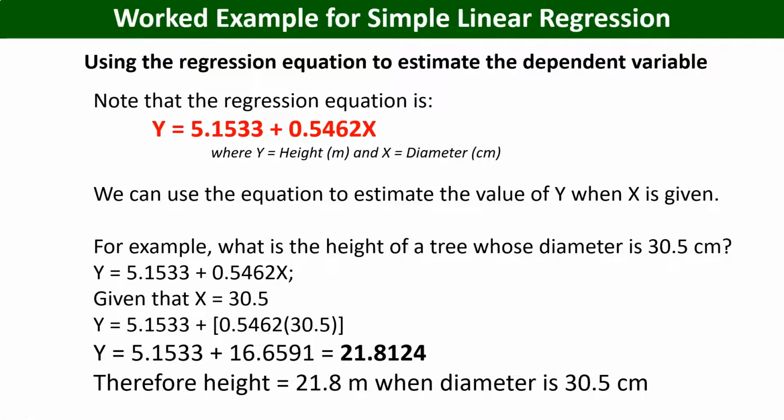So you can see how useful regression is now. Even though if you look at our raw data, there was no data of any tree with 30.5. But our equation now has helped us to get the height of a tree that has a diameter of 30.5. So that's the importance and the usefulness of regression equation. We can use it to estimate the value of y. Once we have solved the equation, we can always determine our y at any given value of x.